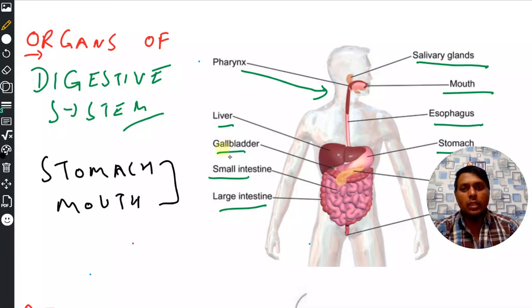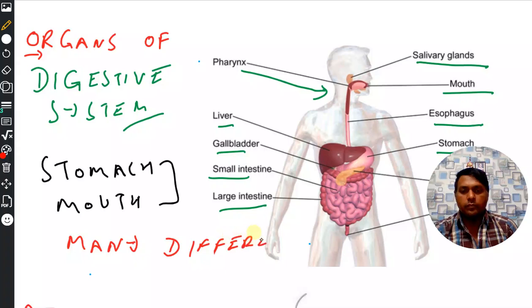There are many things you can see: liver, gallbladder, large intestine, small intestine, salivary glands. So it takes many different organs working together.